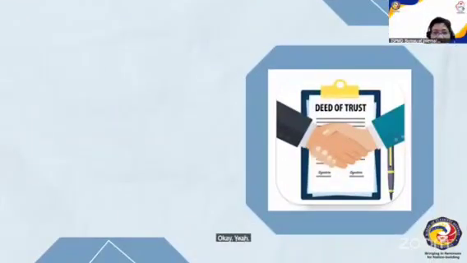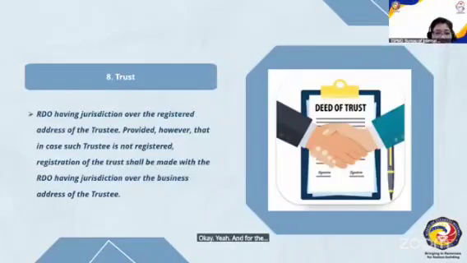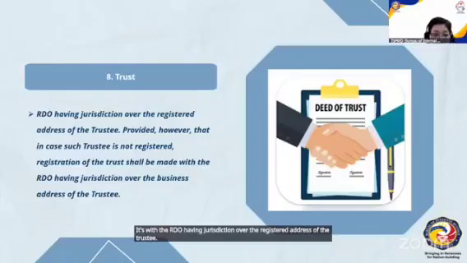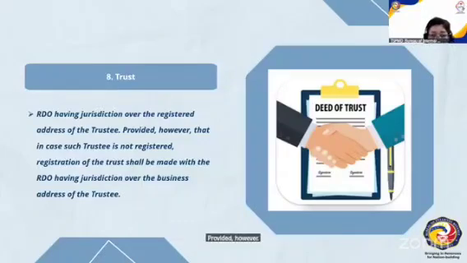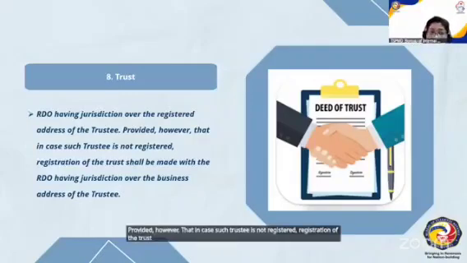And for the trust, it's with the RDO having jurisdiction over the registered address of the trustee, provided, however, that in case such trustee is not registered, registration of the trust shall be made with the RDO having jurisdiction over the business address of the trustee.